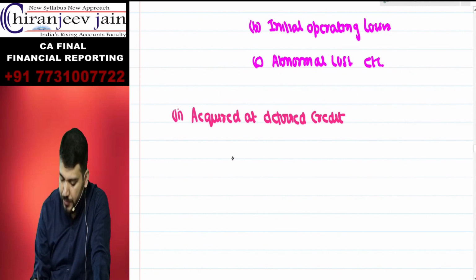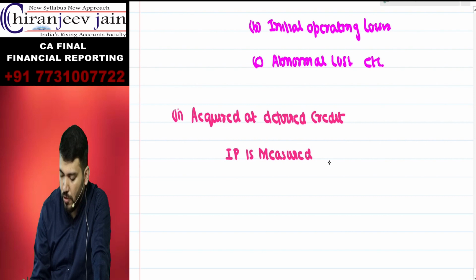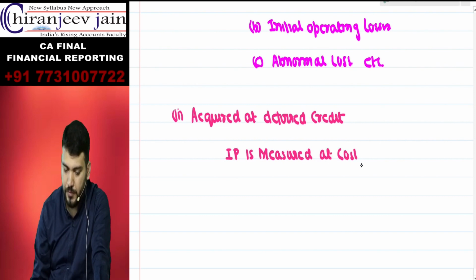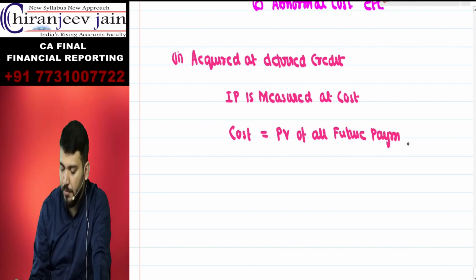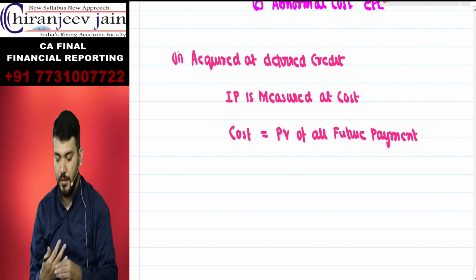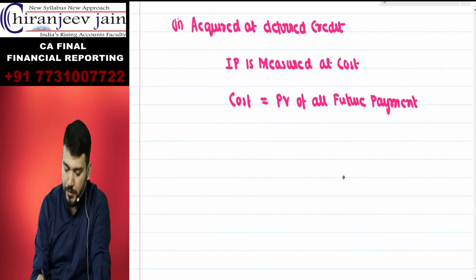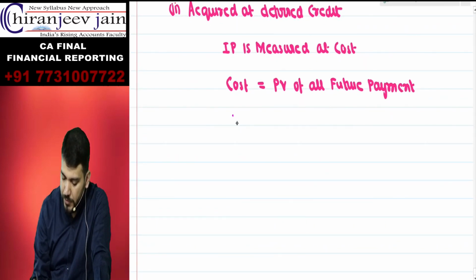So investment property is measured at cost, and cost will be equal to the present value of all future payments. Any doubt? In this, what will be the amount of interest?